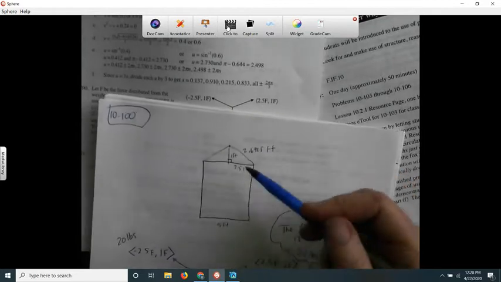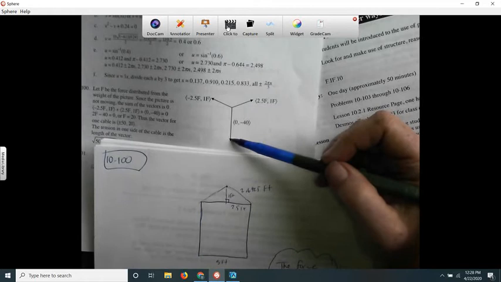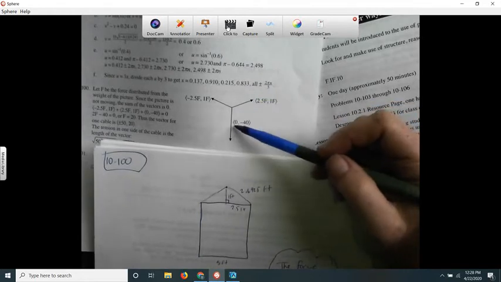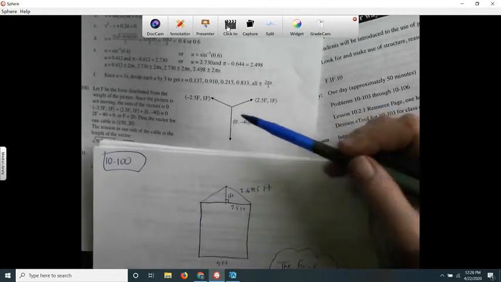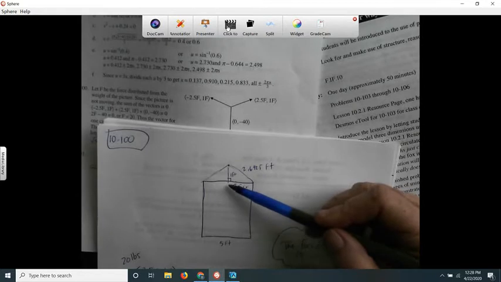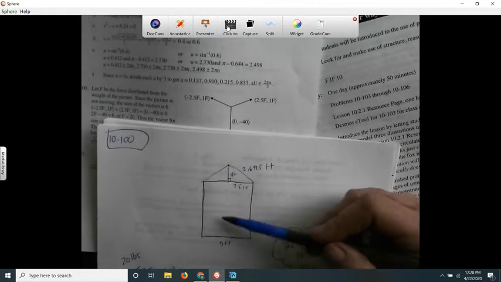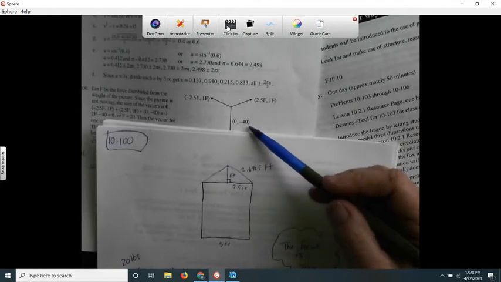And I can get how there would be a vector that's going down 40, so these are the x components and the y components, right? So the x component makes sense because the nail's right here. It makes sense that there would be a downward component of -40 because of the weight.